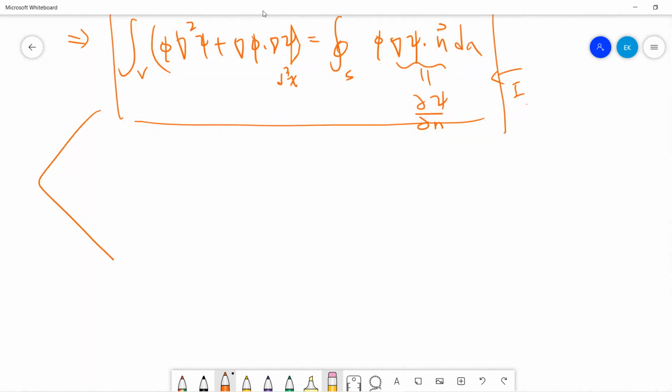And the second is the second Green identity. The second Green identity just exchanges phi and psi. When you exchange that, this term looks the same, right?